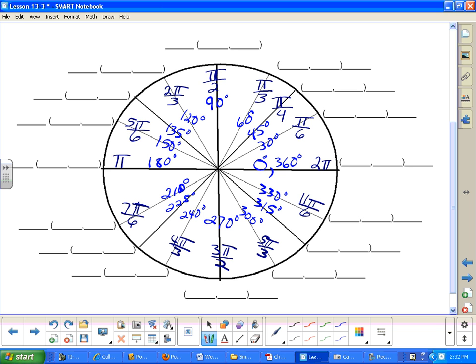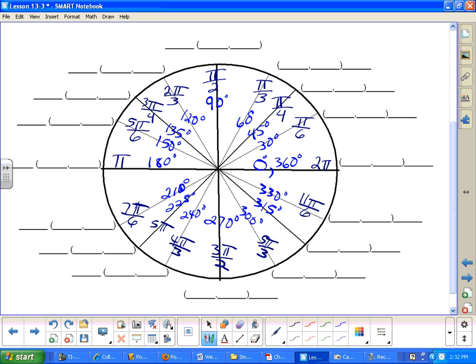So now we're going to count by fourths. So we have 1/4. 2/4 is 1/2. We already have that at 90 degrees. Then over here would be 3/4, or 3 pi over 4. Then 4 pi over 4.